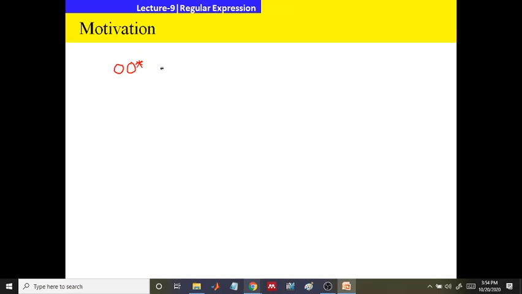It is a concatenation of 0 followed by 0 star. 0 star represents epsilon, a single 0, two zeros, and so on. I have already told you this in lecture number 2. If you have forgotten, I request you to go through lecture number 2.